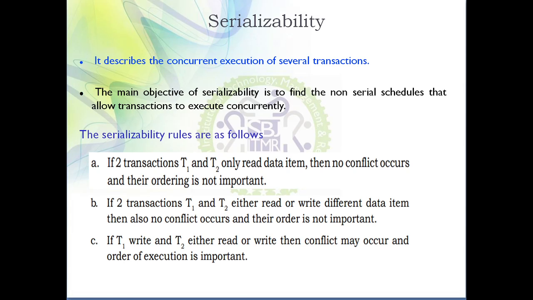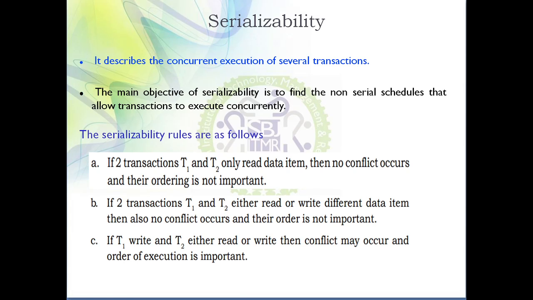If transaction T1 is reading data item A and transaction T2 is reading data item B, there is no conflict. But suppose transaction T1 is performing a read operation on A and at the same time transaction T2 wants to perform a write operation on item A, then there is a conflict.